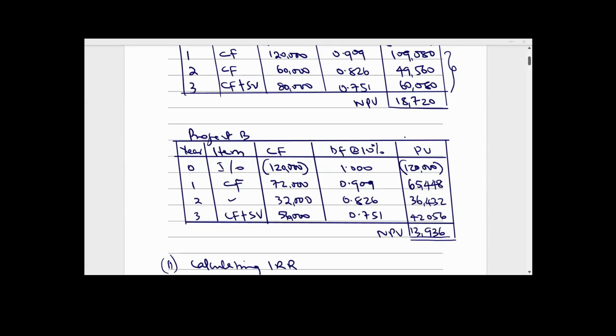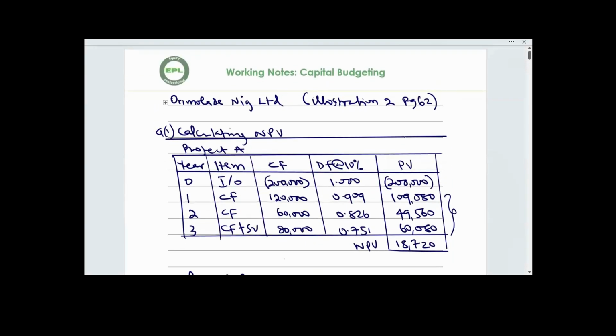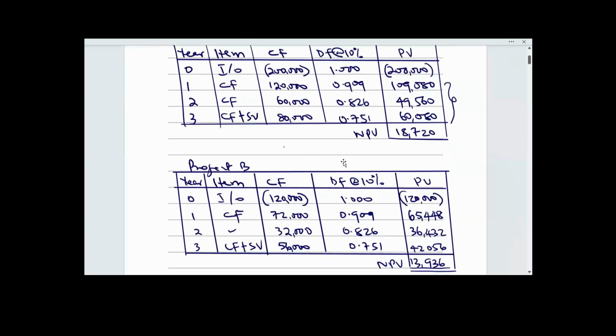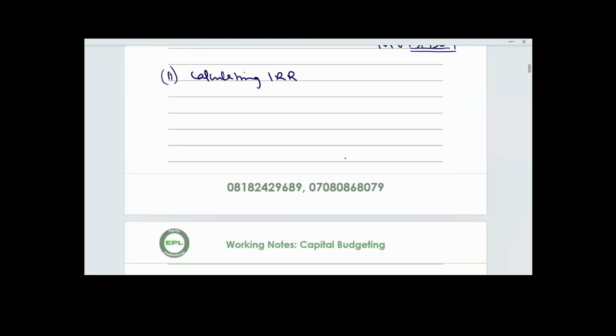Discount factor is calculated as 1 plus R raised to power minus N. So in this case, since our cost of capital is 10%, that will be 1.10 raised to power minus 1, for example. So this will give you 0.909. Okay? Chidima, thank you.